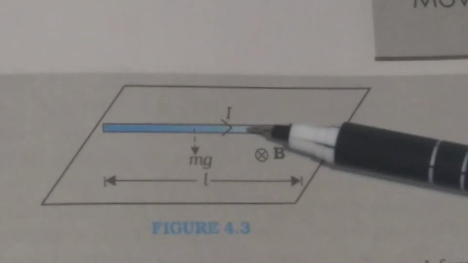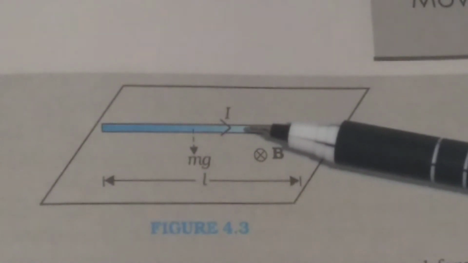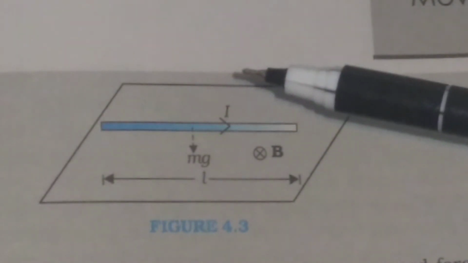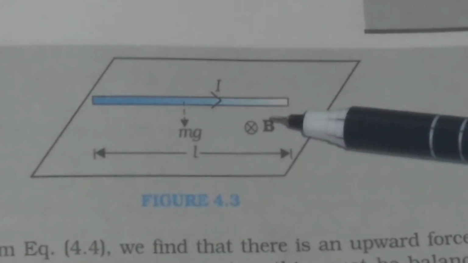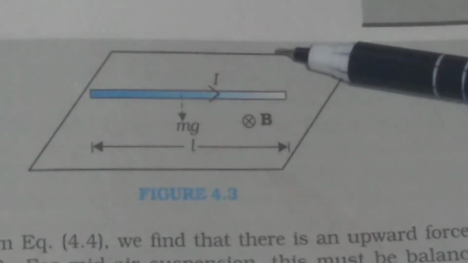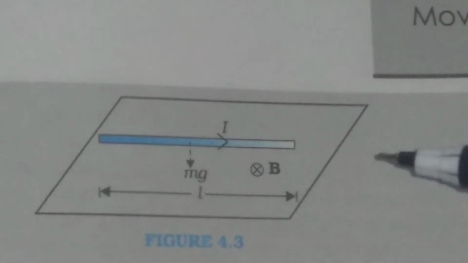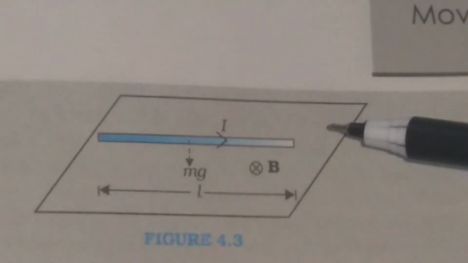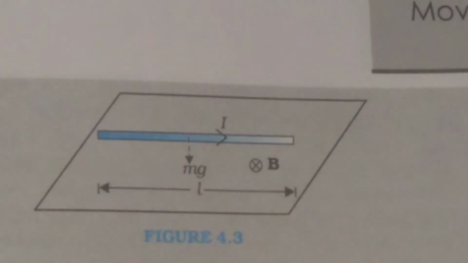So the direction of the force will be along the thumb, that is upward. Remember, in the xy plane when you use the dot and cross notation, cross means outward and dot means inward. Similarly, vertically, dot means outward and cross means inward.